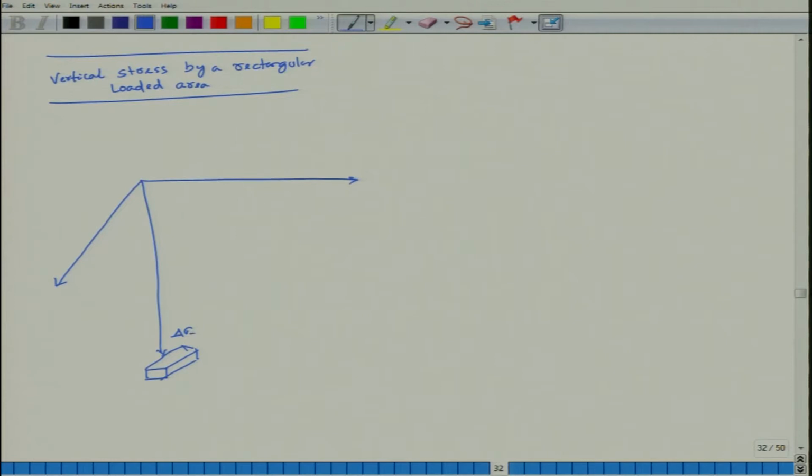This is your delta sigma z and it acts in the direction z. This is your x, this is your y and this direction is your z.